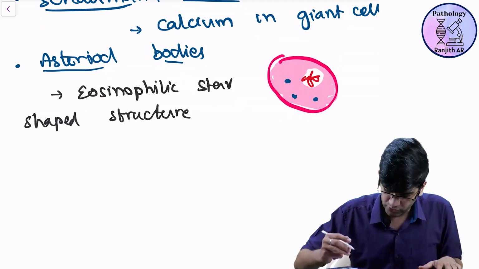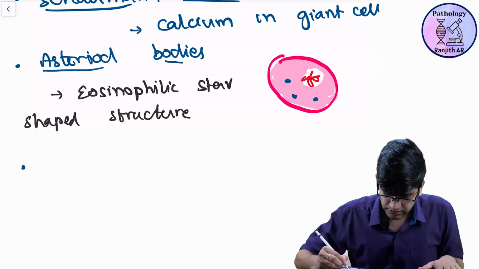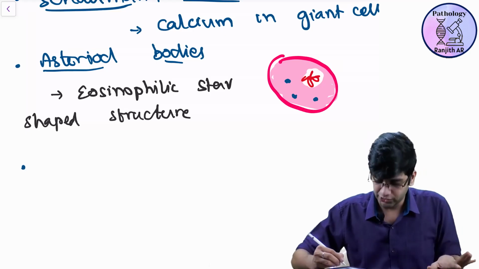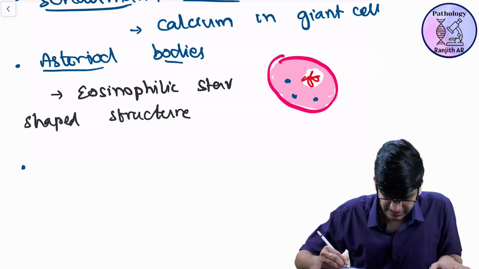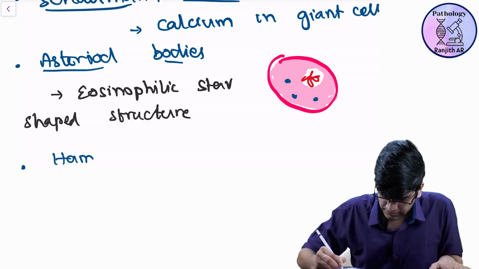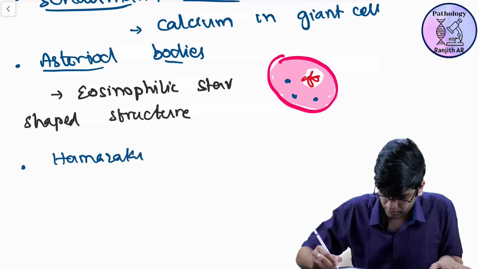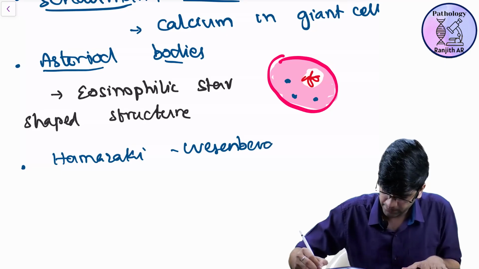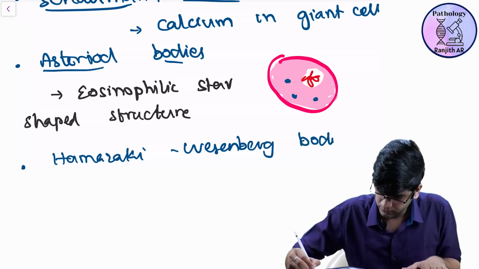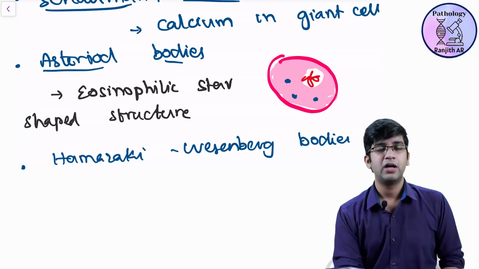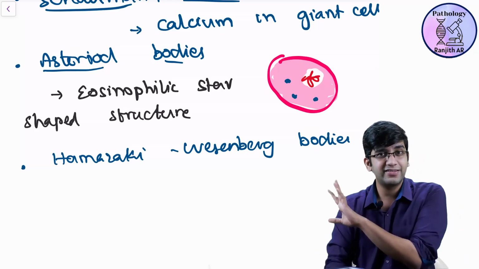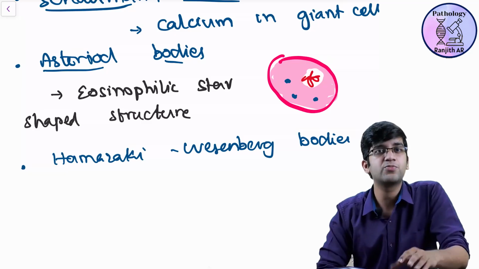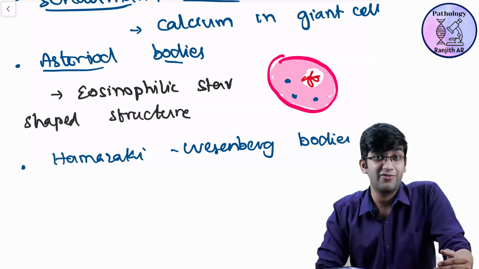The third one may not be required at all, just remember it since we are dealing with this: Hamazaki-Wesenberg bodies. These terminologies are very commonly used by pulmonary pathologists. We do have a pulmonary specialty for pathology as well.